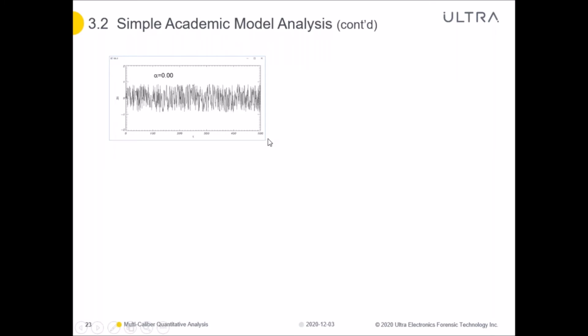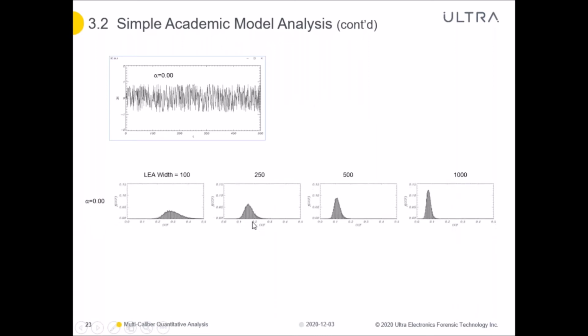So alpha is just changing the visual aspect of roughness. Now, let's do some simulation. We start with alpha equal to 0, so we are basically generating white noise profiles. We randomly generate 1,000 pairs of white noise profiles and correlate them together, so we have access to 1,000 cross-correlation function scores to do statistics. We are basically simulating the non-matching score distribution. We do that experiment for several lead width values, from 100 up to 1,000.